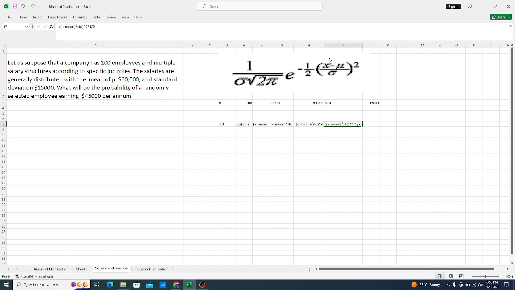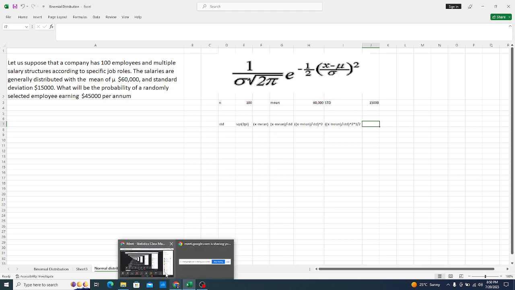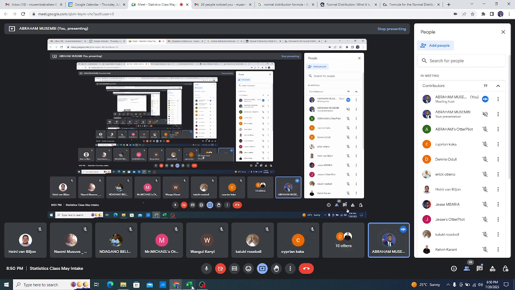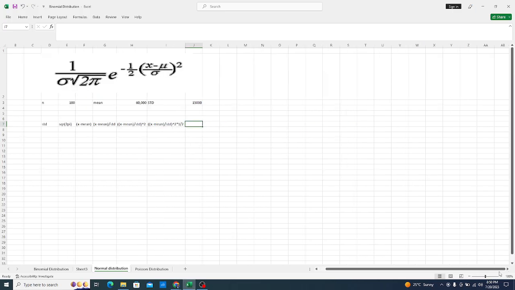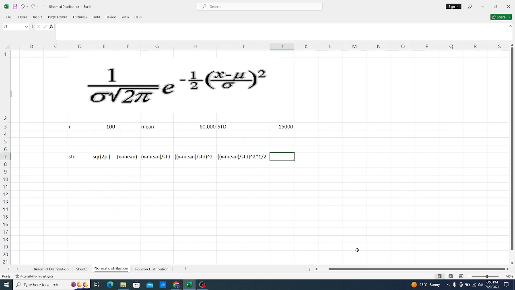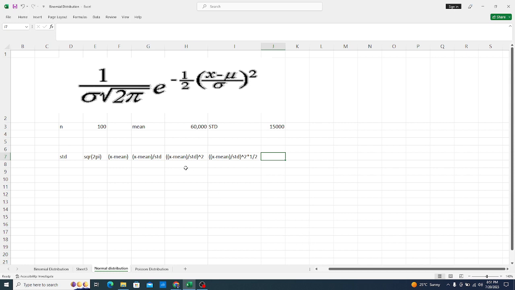You'll have this part, which is the exponent.